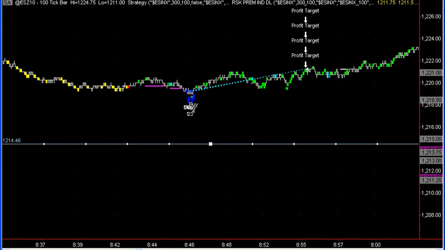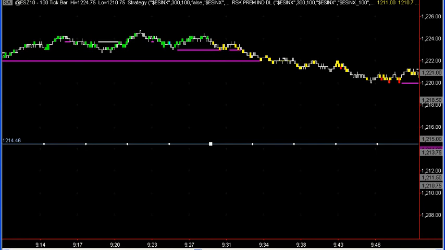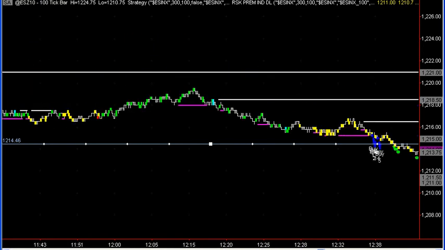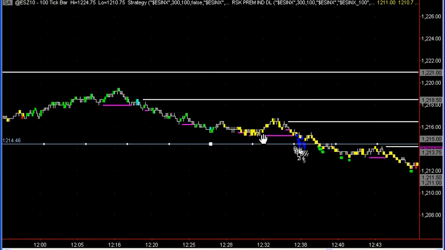As we know, the market rallied up and then began to short, and it wasn't until later on, after the noon hour, that we finally dropped below that original price, and we had long trades showing up again here based upon the premium and divergence.